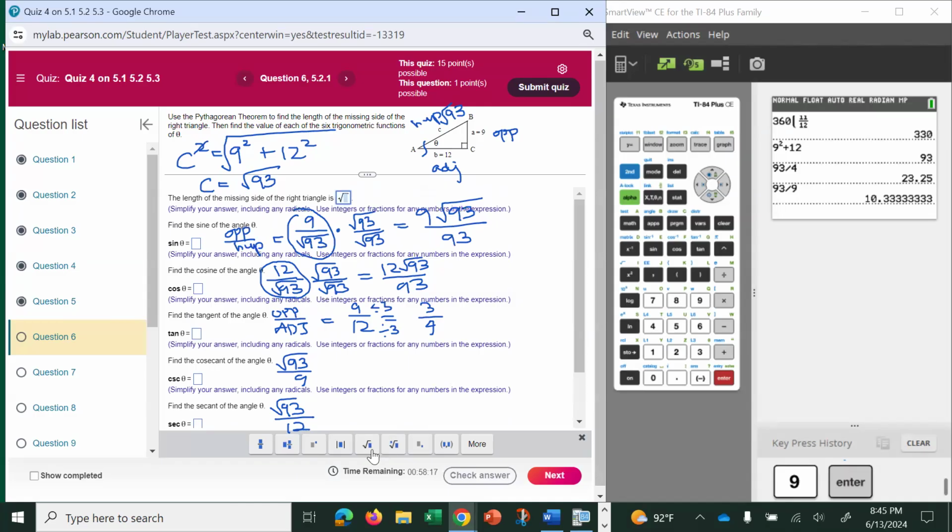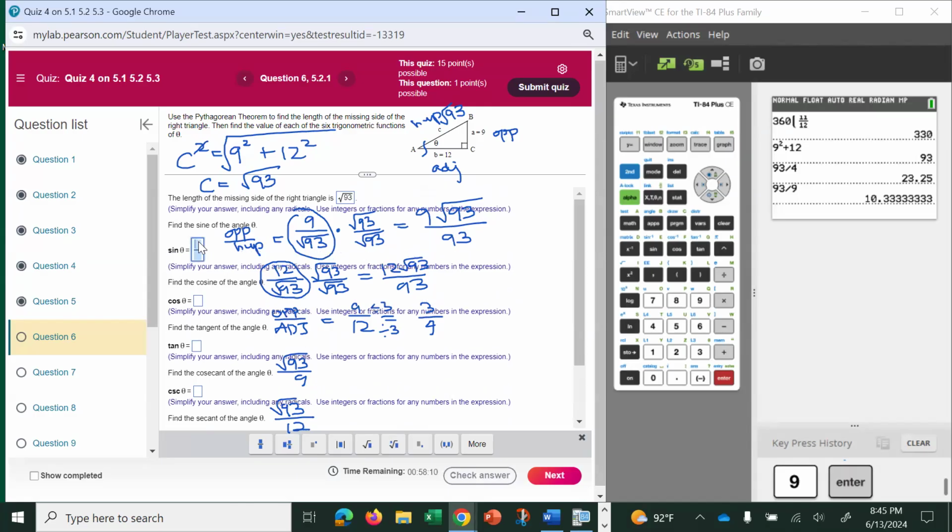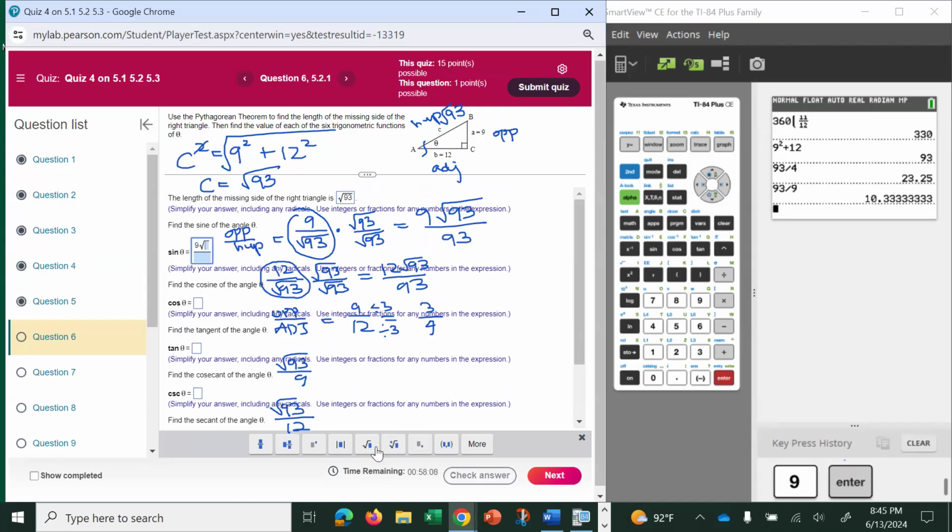So this would be square root of 93, and this was 9 square root of 93 over 93. Oops. Why isn't it going down?